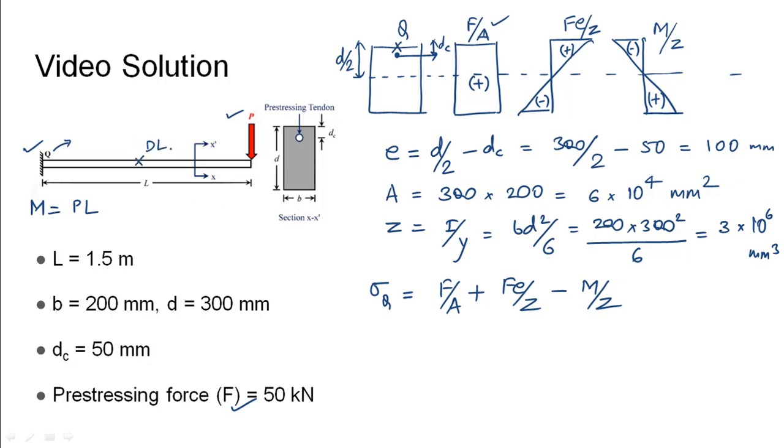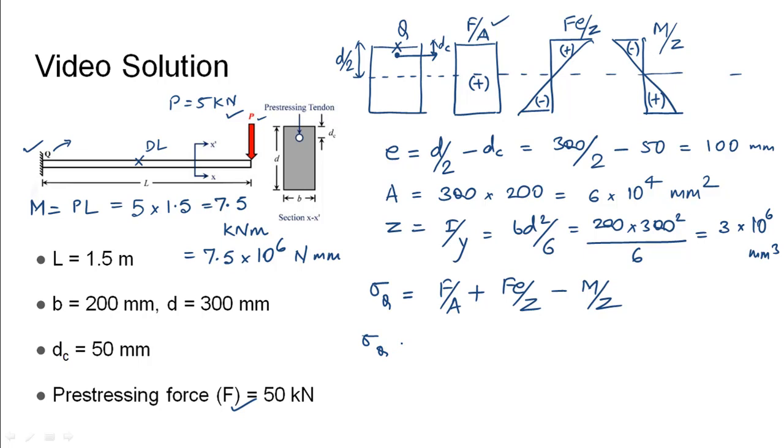So we will not be considering dead load for this case. We will only consider the external force, which would be 5 into 1.5. P was given as 5 kilonewton in the question. This would give moment as 7.5 kilonewtons meter, which would be 7.5 into 10 to the power 6 Newton mm.